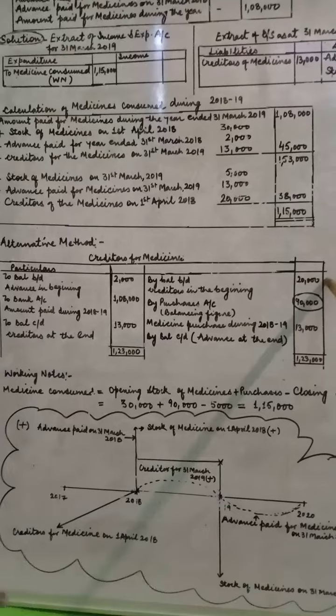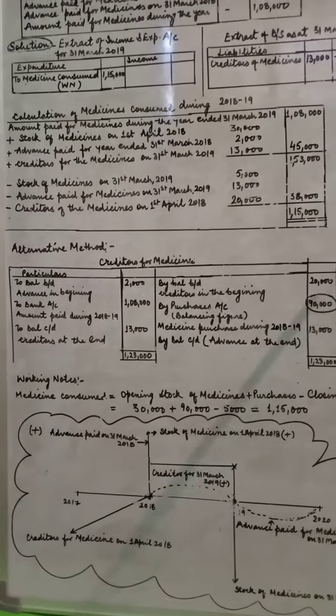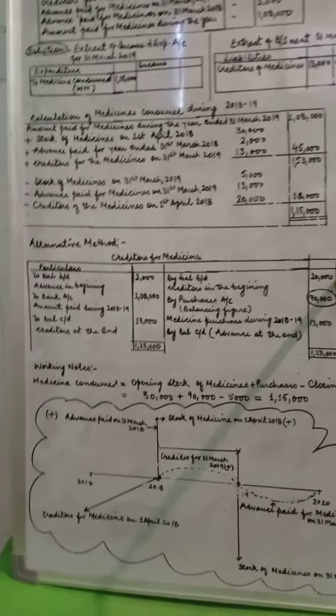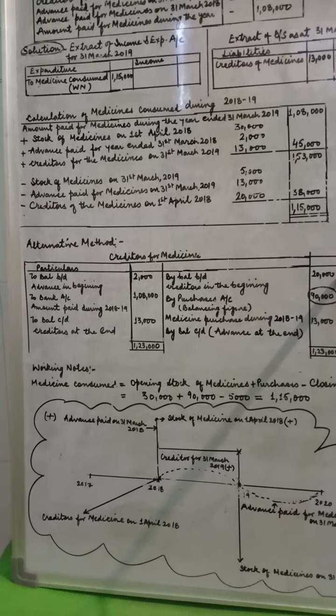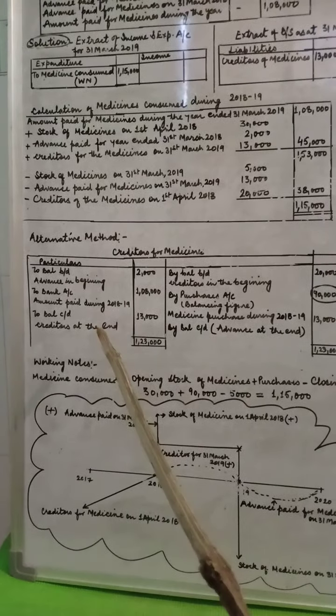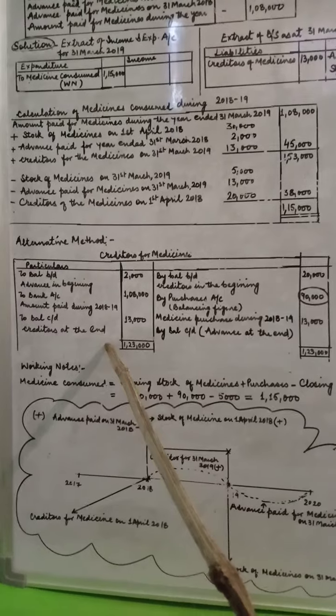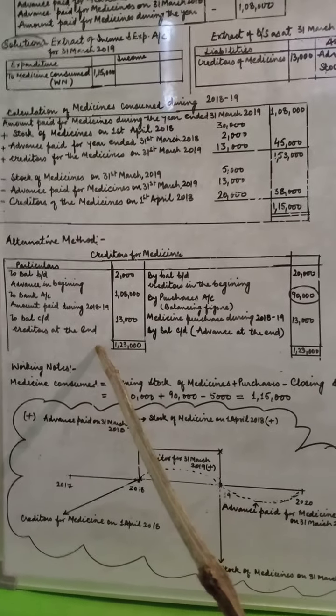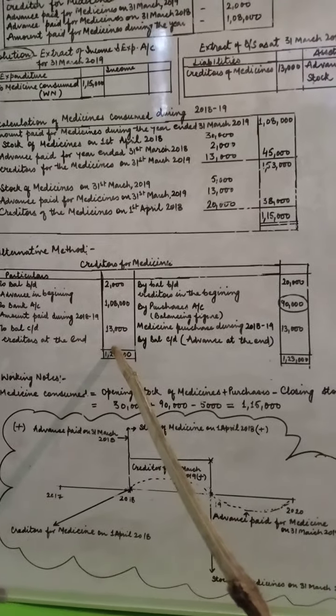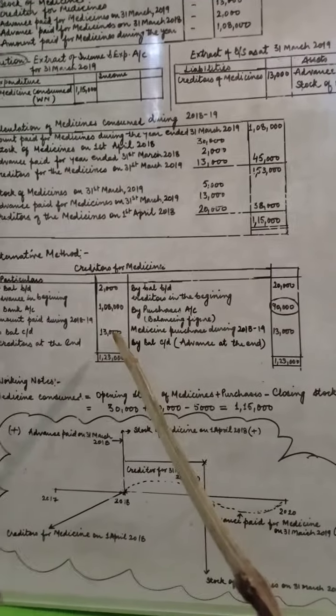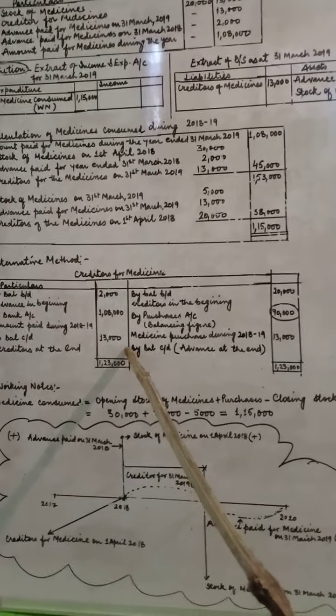If the BD balance goes to the credit side, it means that ultimately the CD balance will go to the debit side. So these two amounts you have already filled here.